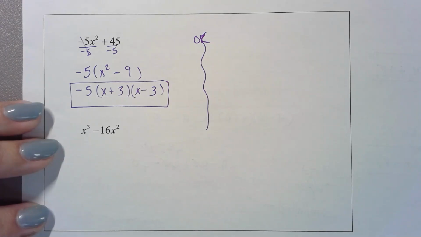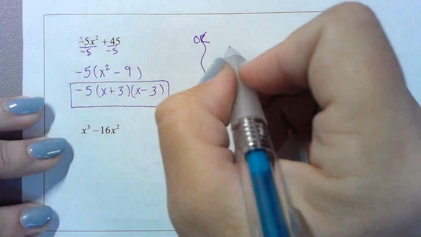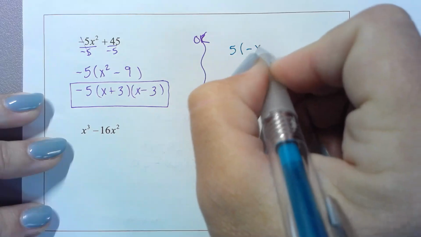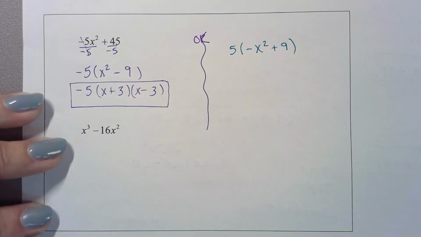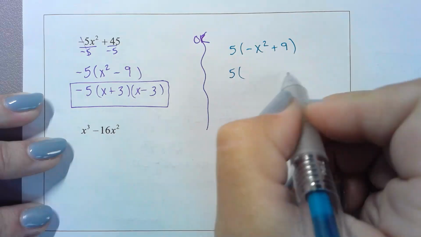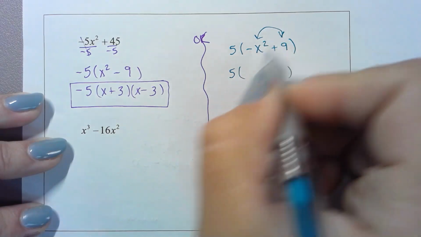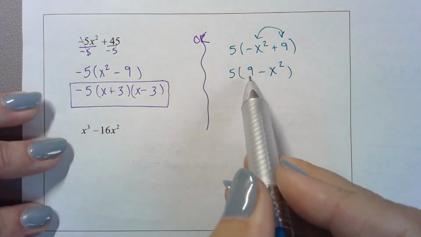Another option would be to just factor out the 5, right? You can factor out a 5, but you'd be left with negative x squared plus 9. And you're right, that's still not a difference of squares. However, if you trade places, now you say, oh, look at that.